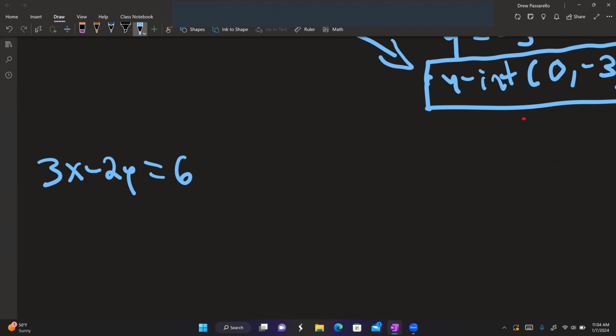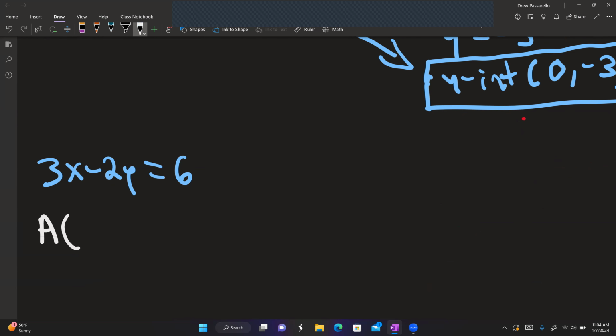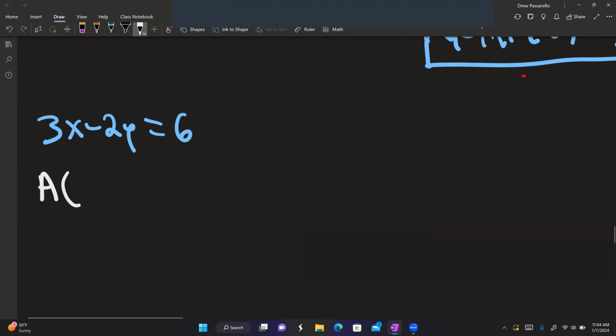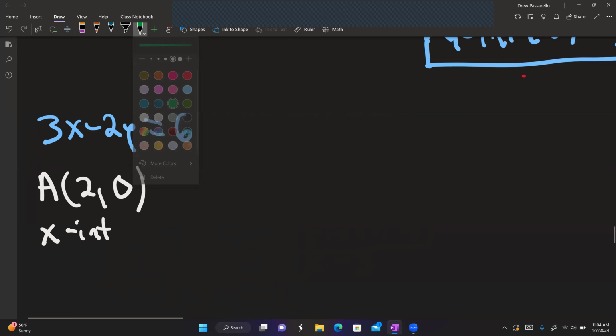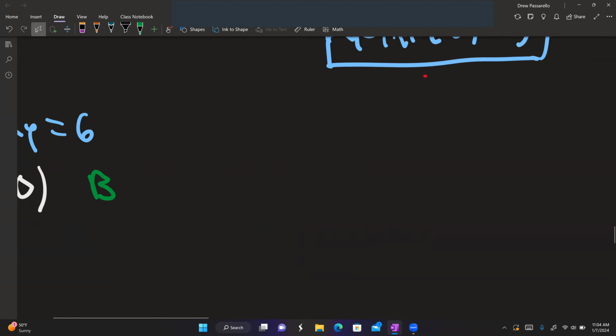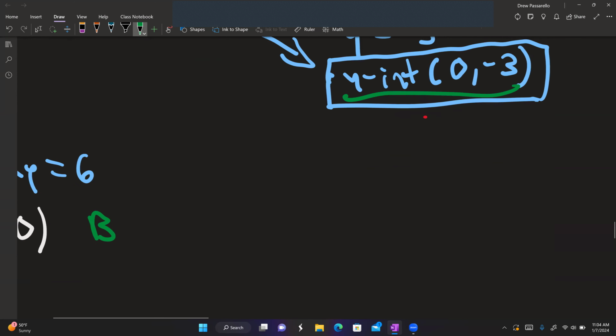I'm going to use point A, let's say in white, and I'm going to use that for the x-intercept (2, 0). Okay, this was the x-intercept. I'll use point B in green, and I'll use that for the y-intercept, which was (0, -3).